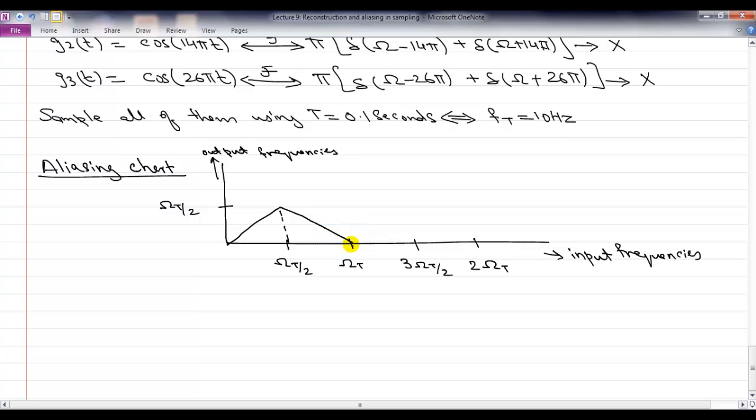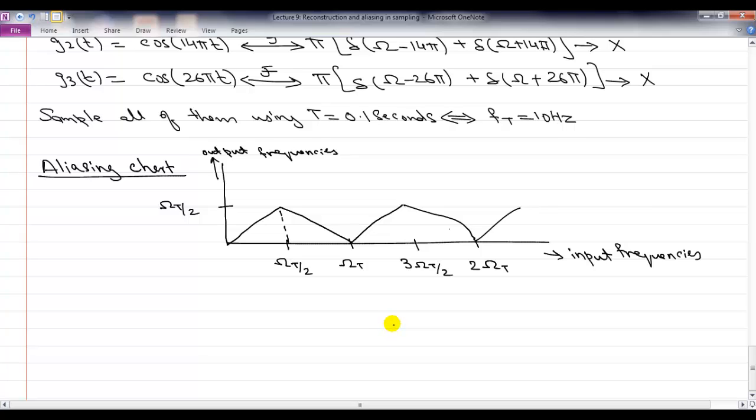Once I hit omega t, if you had an input frequency of omega t and you sample it at omega t, your output frequency will actually be 0. Once you go above omega t, the reverse effect starts happening. Your alias frequency now starts going up and up, and you keep on bouncing around. It's supposed to be linear, sorry.